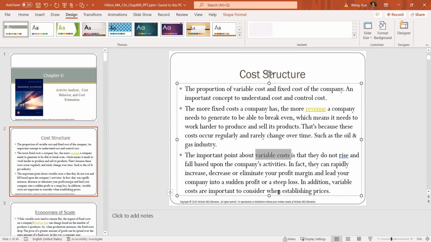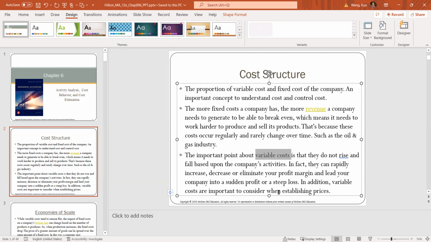In this type of company, the profit is less sensitive to the revenue change. So when the revenue goes up or down, even a lot, their profits will not change that much.